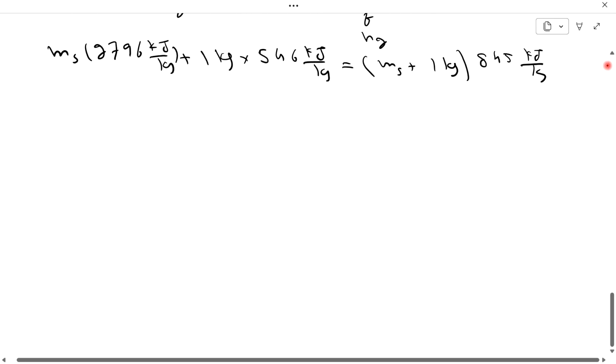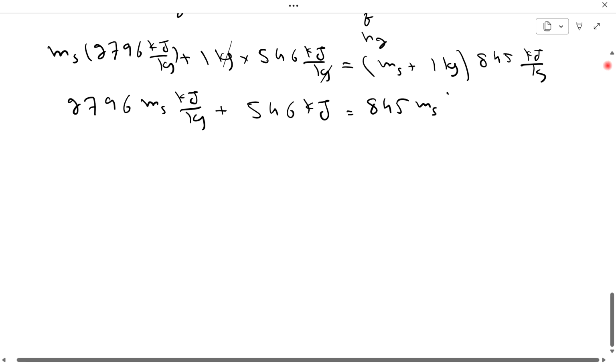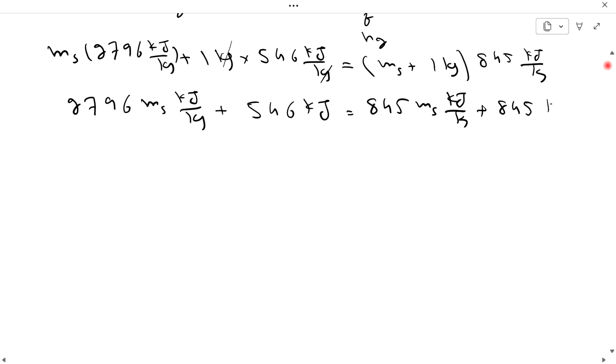Now further simplify this. So this is 2796 Ms kilojoule per kg plus, this kilogram will be cancelled with this kilogram, 546 kilojoule, is equal to, multiplying these values, 845 Ms kilojoule per kilogram plus 1 kilogram times this value, so kilogram is cancelled, equal to 845 kilojoule.